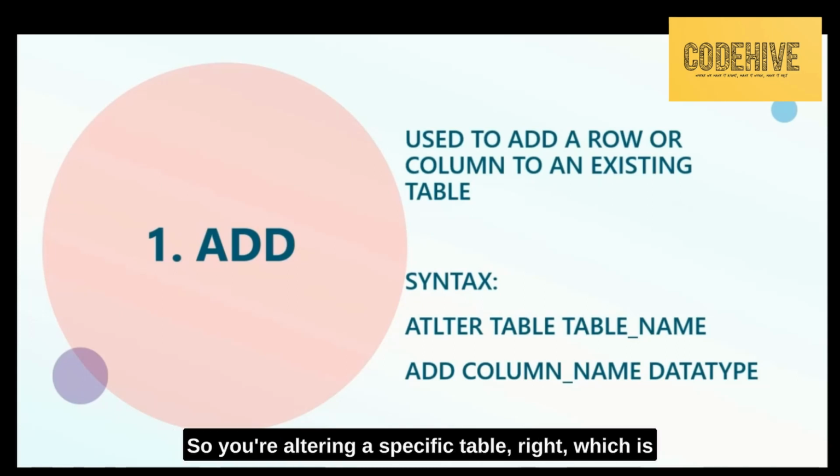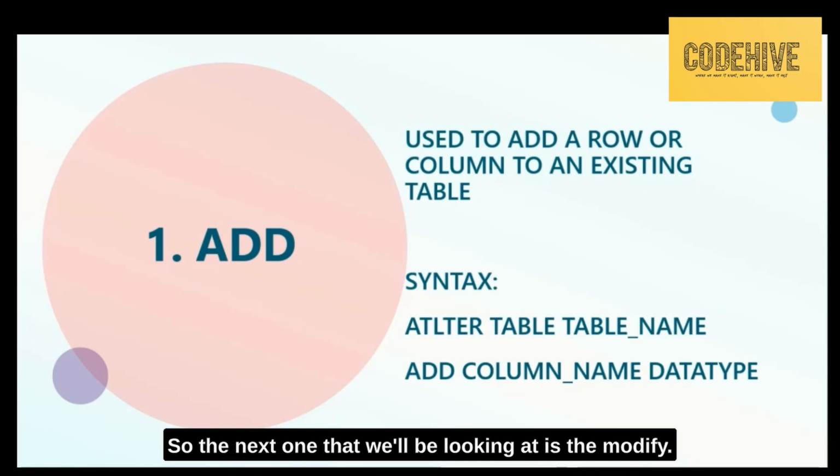So you're altering a specific table, and you're adding a column, and the data type for that column will be a specific data type. It's pretty straightforward, really. We will look at examples once we are done looking at the theory as well as the syntax.